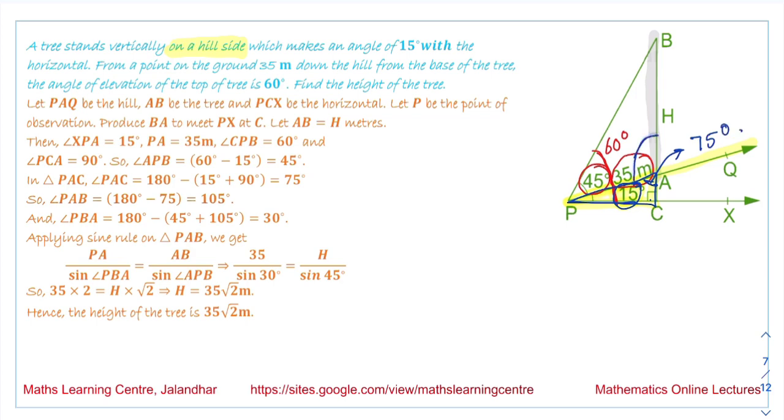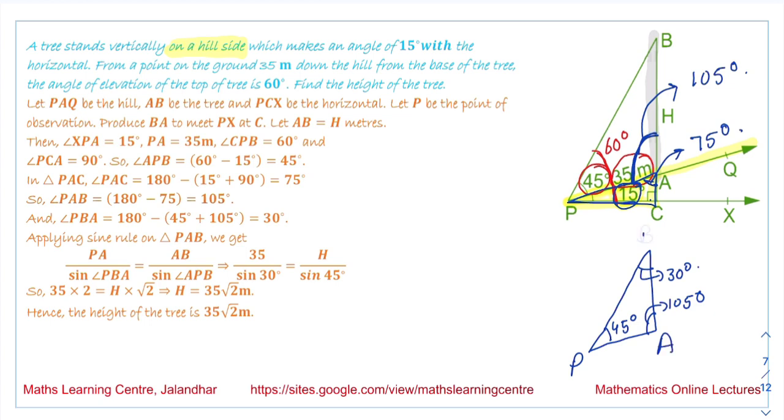So this larger angle at A comes out to be 105 degrees. Now look at the triangle PAB. This angle is 45 degrees, this angle is 105 degrees, so the angle at B comes out to be 30 degrees. So in PAB, the angle at P is 45, at A is 105 and at B is 30 degrees.